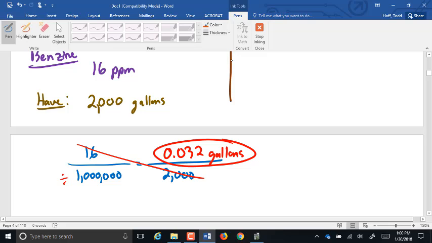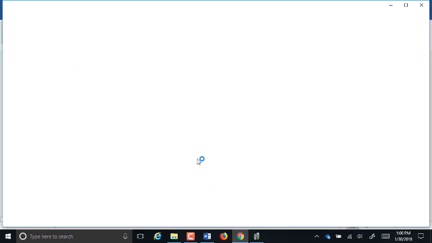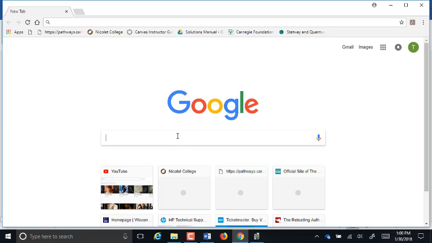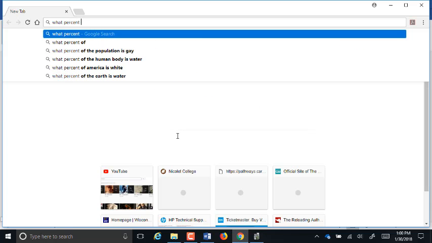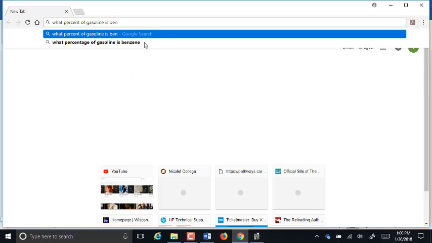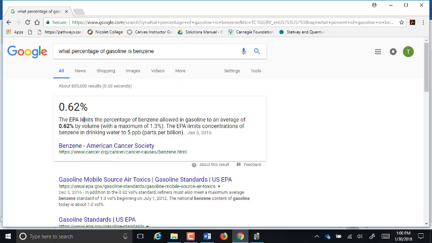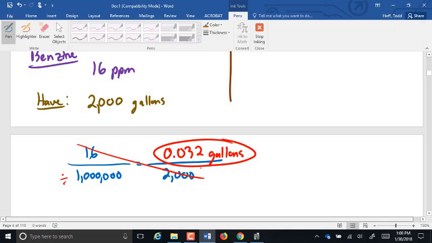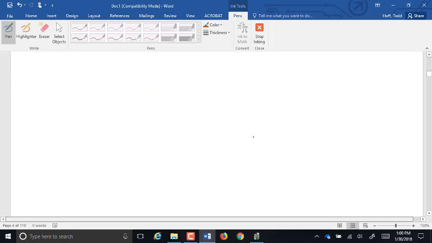Let's look at it this way. I actually just forgot the number now. Gasoline contains benzene. Let's find what percent benzene is in gasoline. I spelled benzene wrong, apparently. 0.62%. So 0.62%. Doesn't seem like a lot, does it?